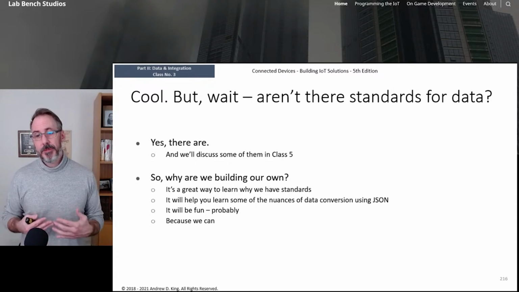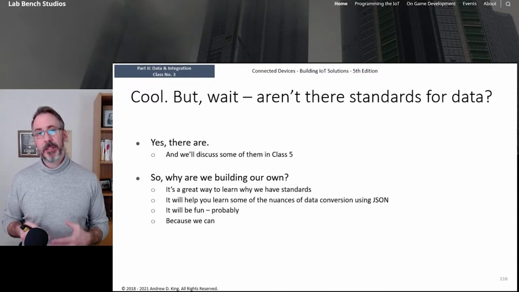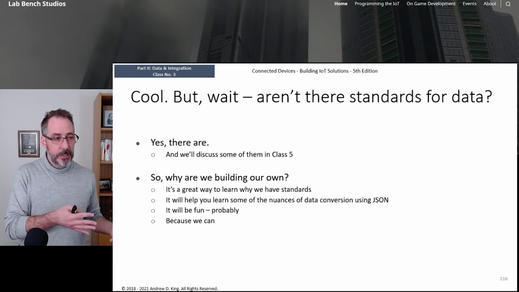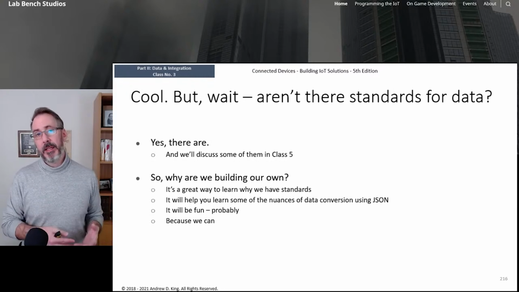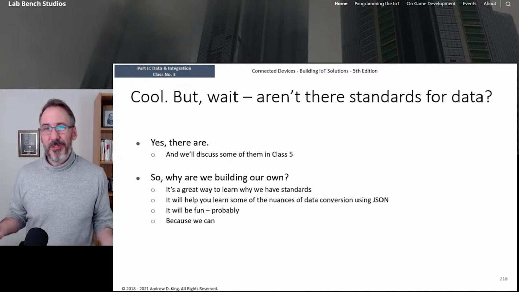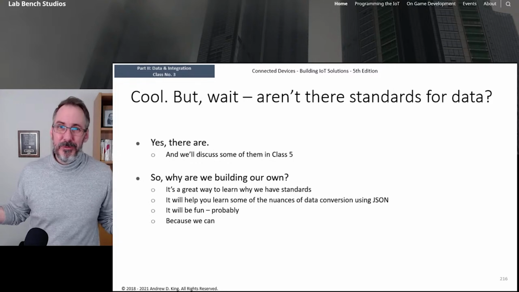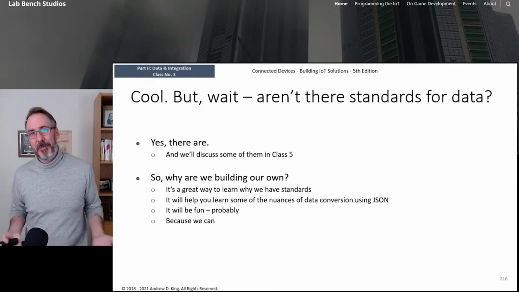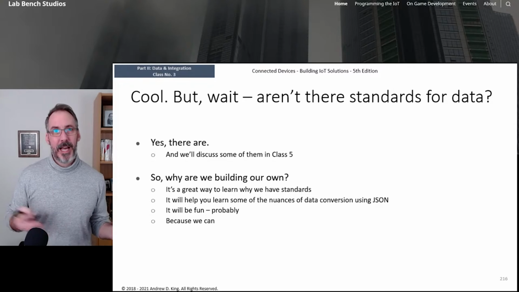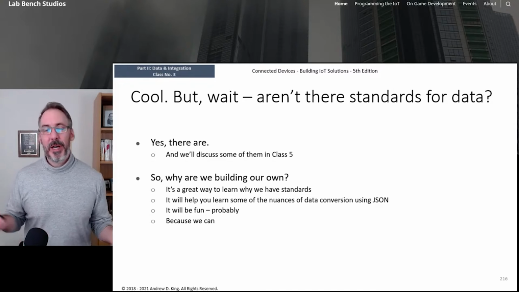And so JSON becomes a very important construct to comprehend, and the ability to convert objects into JSON and back again is going to be equally important. We'll talk about that in class number 5. And by the way, this is also going to be fun and we can do it, so why wouldn't we, right? Well, okay, that's maybe not the best reason, but it's a great academic exercise and we are in an academic institution, so why the heck not, right?